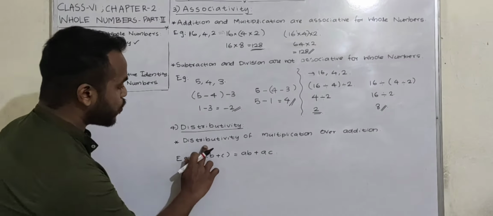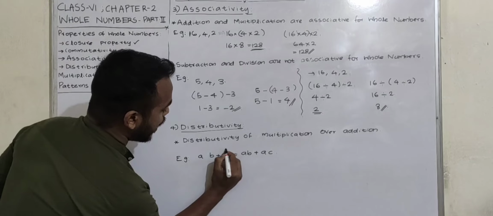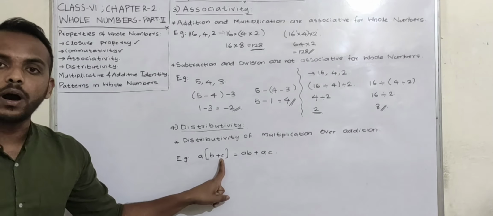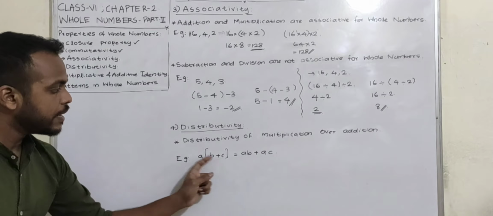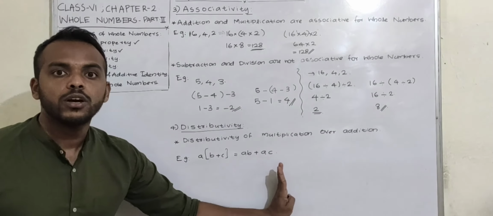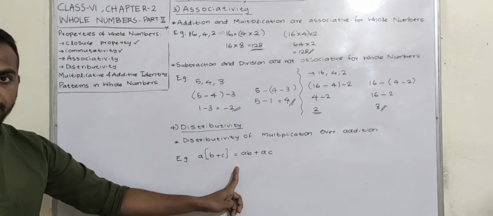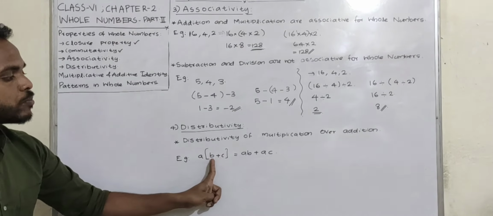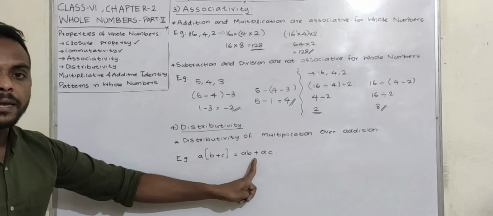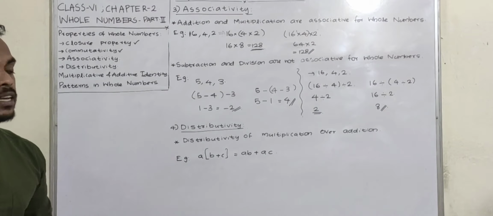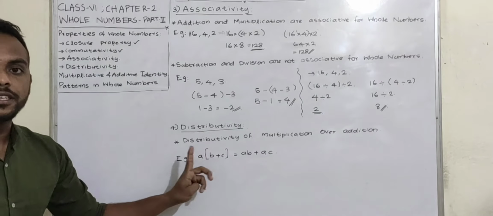If there is an operation like this one, A is ready to be multiplied with (B plus C) inside the bracket, then A should be distributed equally to each term inside the bracket. That is, A times (B plus C) is AB plus AC. This property is called distributivity, and in whole numbers this is true.